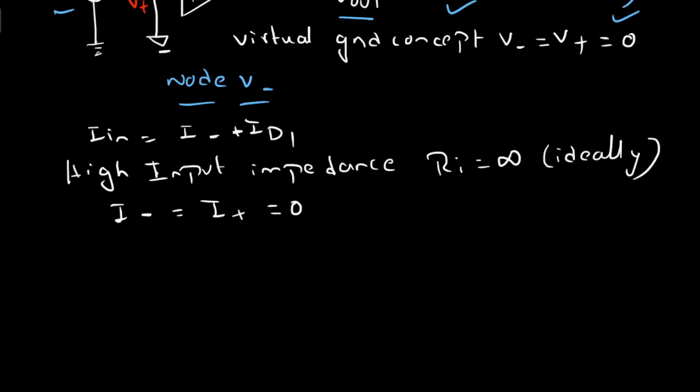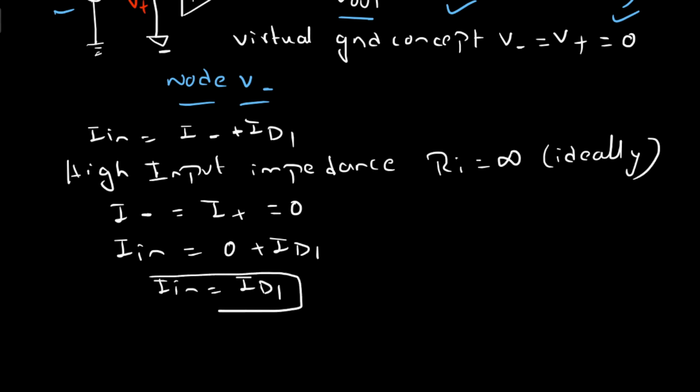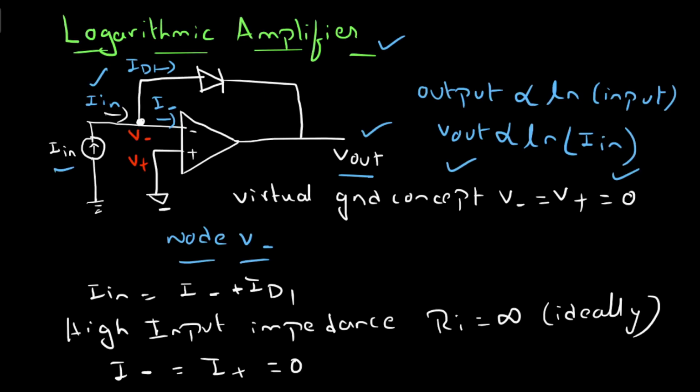Now substitute this in the above equation, then we get I in equals 0 plus ID1, which means I in equals ID1. This states that whatever current you apply as input to the circuit is the same current flowing. The entire current is flowing into the diode D1. There is no current flowing into the operational amplifier inverting terminal.